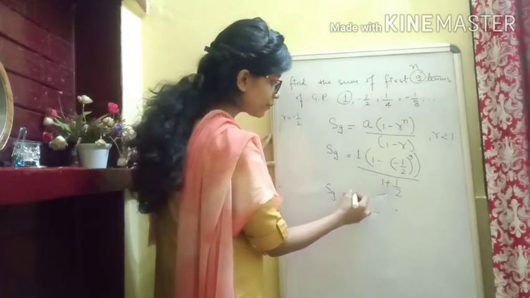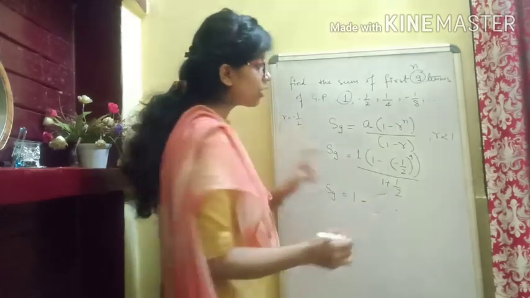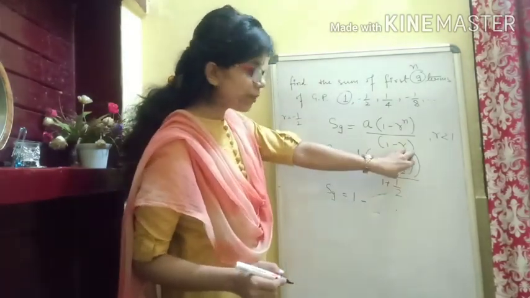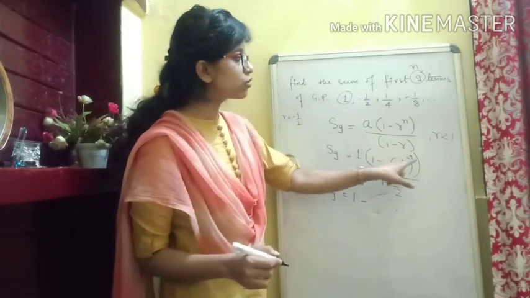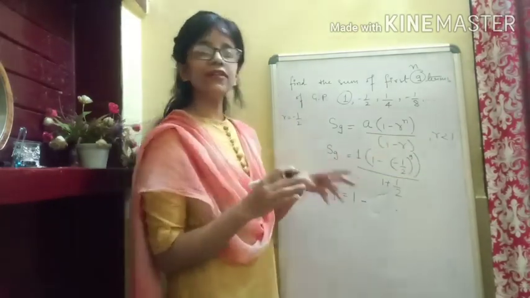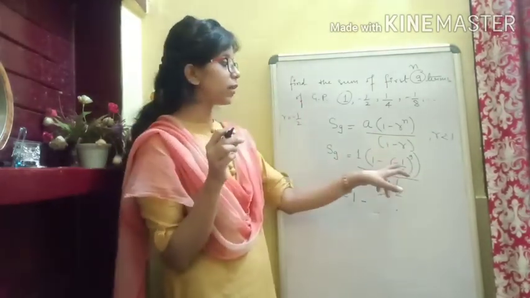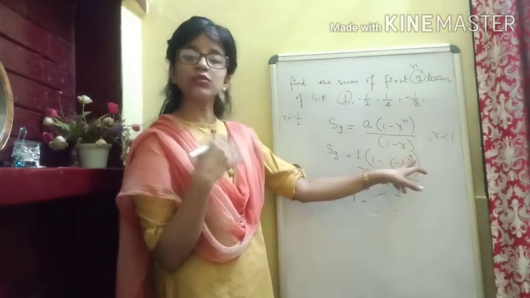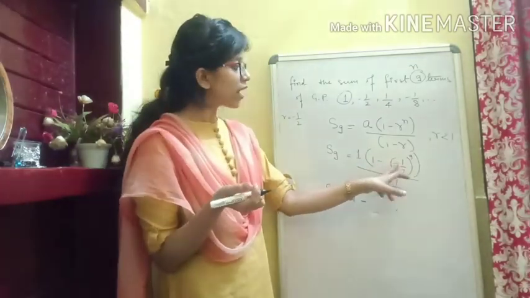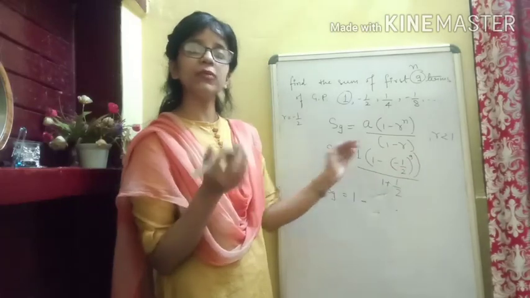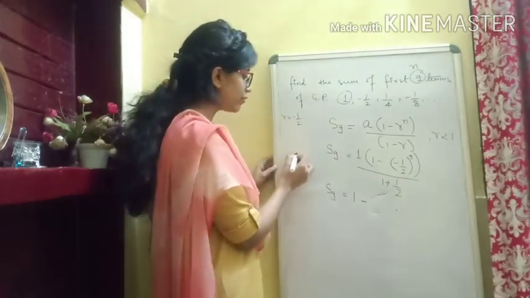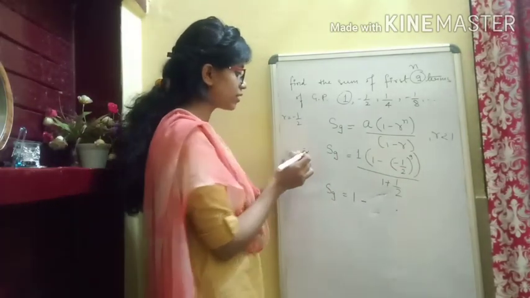Now let us simplify. So S9, it is 1, so no worry. Now here we have 1 minus. Now you see this minus, this whole bracket, if you see, it is minus to the power 9. You know, whenever there is a minus in a bracket with an odd power, it will become minus. And if a minus is with an even power, it will become plus. Like if we are having minus 2 to the power 2, that is an even power.